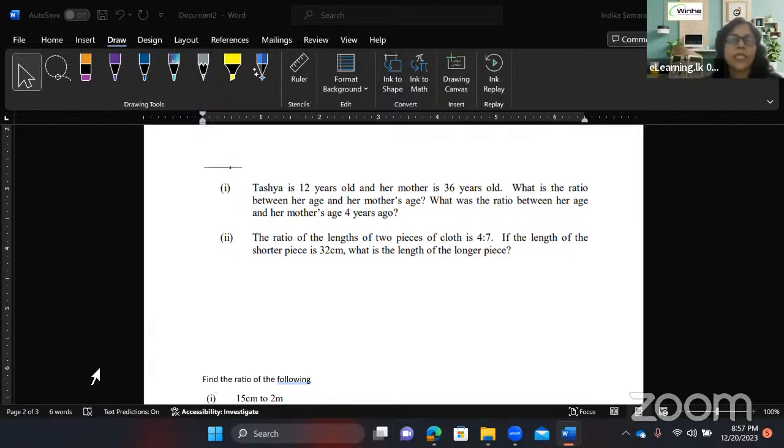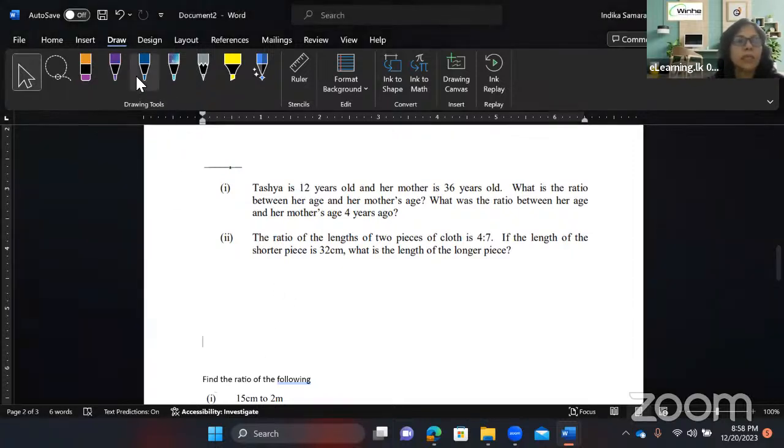Let's take the first one. Tasha is 12 years old and her mother is 36 years old. What is the ratio between her age and her mother's age? The ratio is 12 to 36. This is the ratio between the mother's and her age. But we can solve this further.